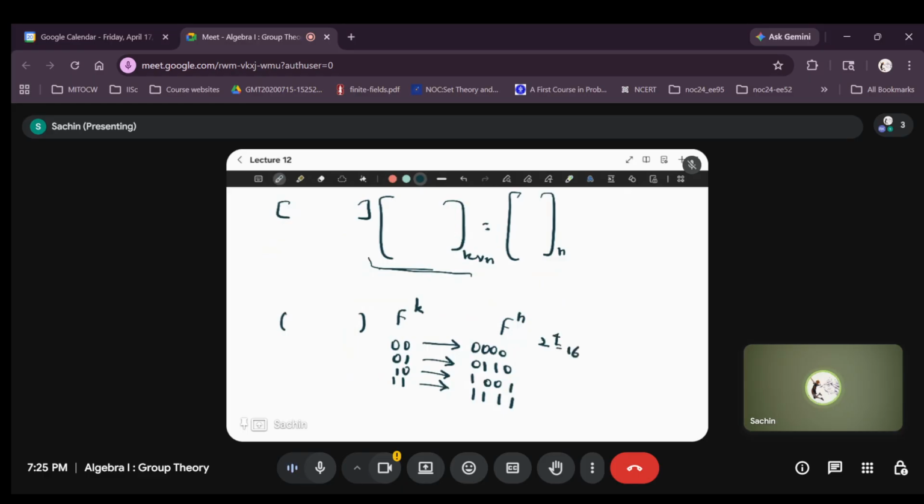Here there are only 2 square, 4 vectors. So each of the 4 vectors in the domain, you are assigning only one vector in the codomain. But the codomain is actually larger than that. So it's not an onto function. So it's not an isomorphism.